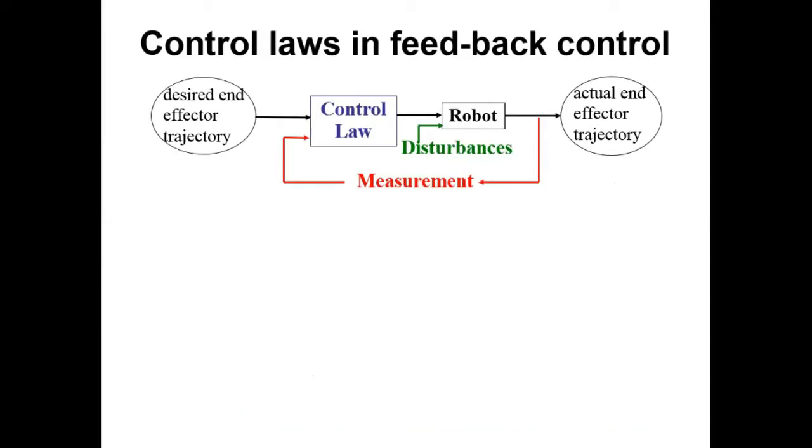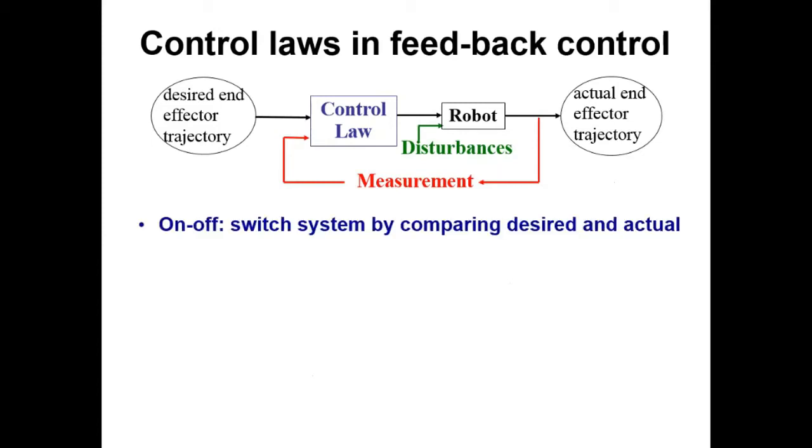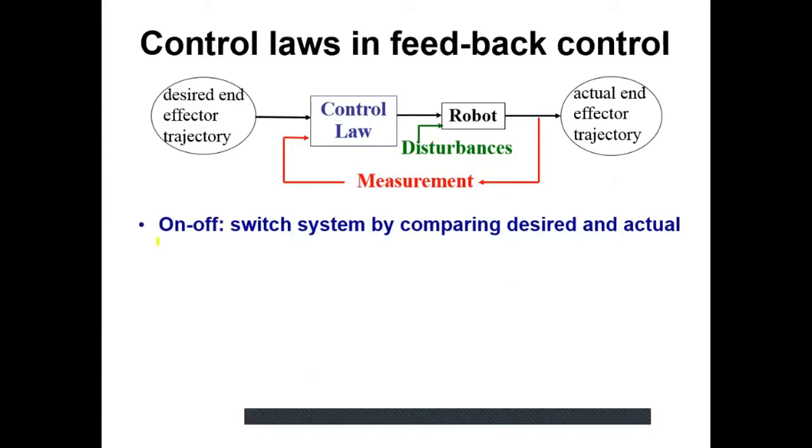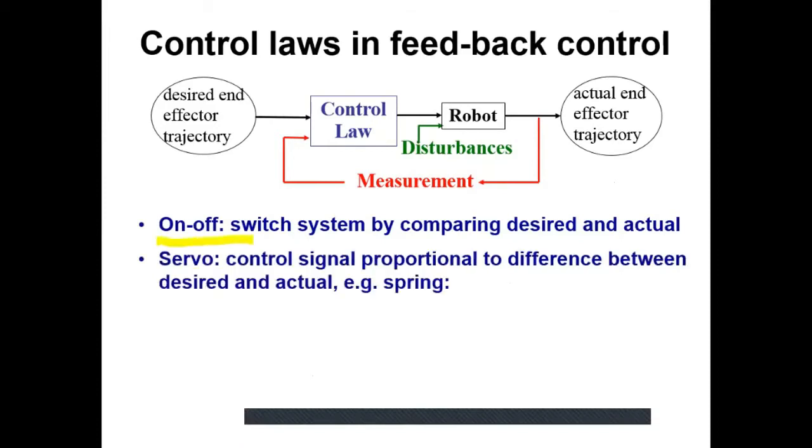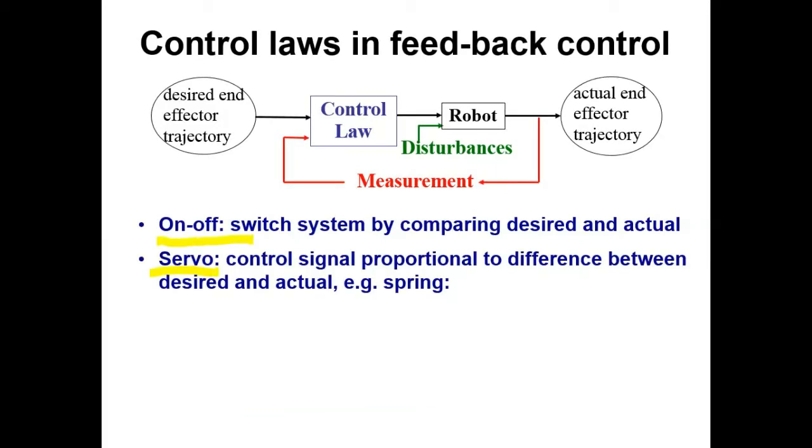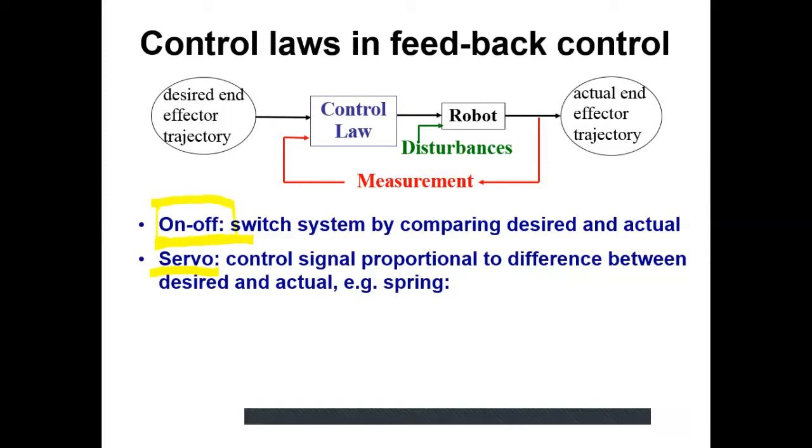The feedback control is categorized into two parts. The first one is on-off type and the second one is servo type. In this on-off feedback control method, the actual trajectory is compared with respect to a threshold.